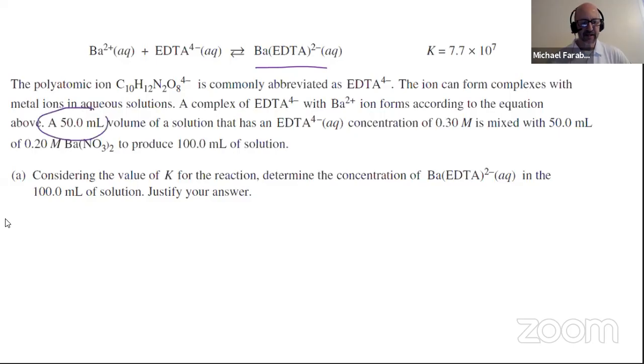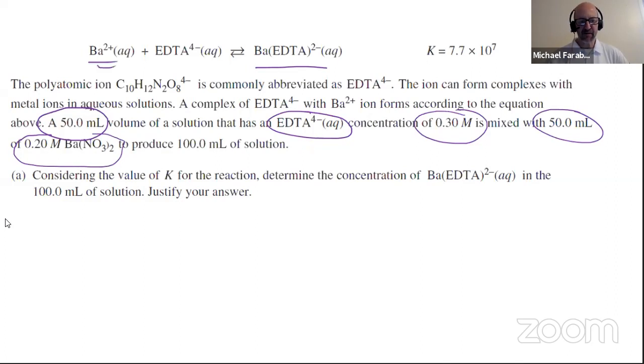We have 50 milliliters of a solution that contains EDTA at a concentration of 0.3 moles per liter. We have 50 milliliters of a solution that contains barium nitrate, and we're focusing on the barium ions here and not the nitrate ions. So 50 plus 50 is 100. What is the concentration of the barium EDTA complex ion in 100 milliliters of the solution?